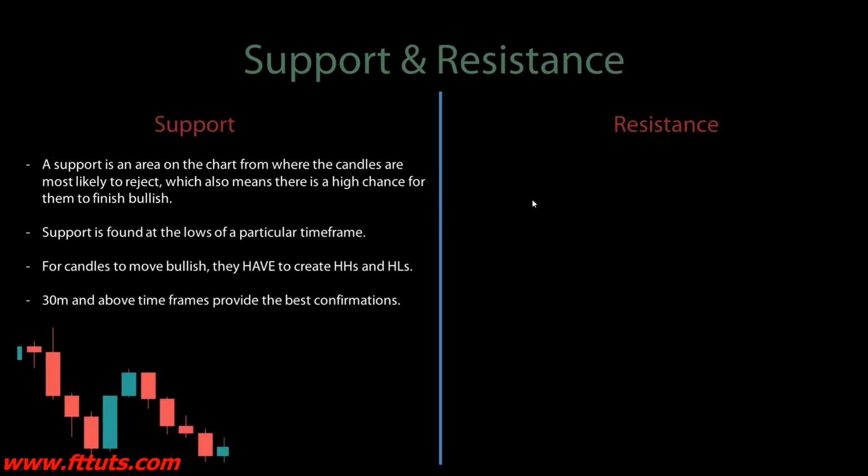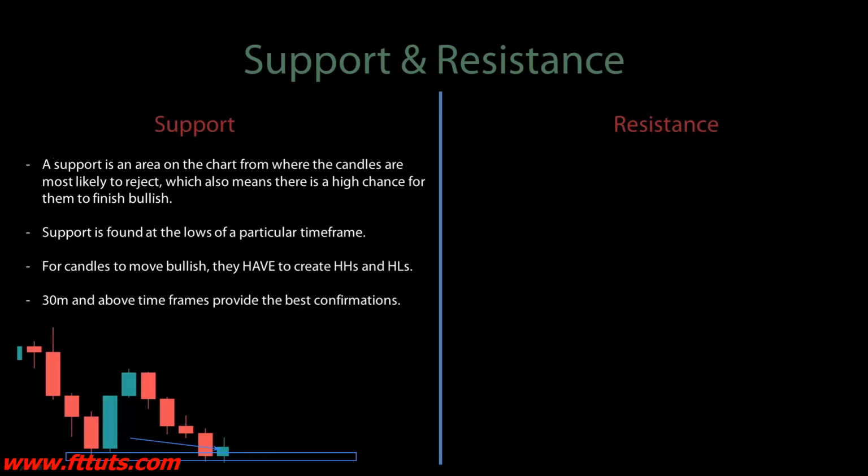In the same way, when we're looking at this example right over here, we have a support, right? So let's say we have a support down over here, and let's say this is the 1-hour time frame. We're looking at the 1-hour time frame, and we see that the 1-hour candle at the bottom right over here has closed bullish, right?